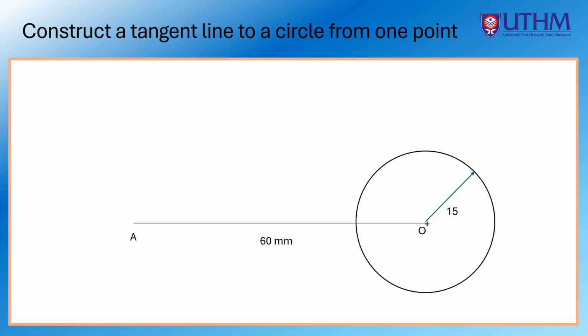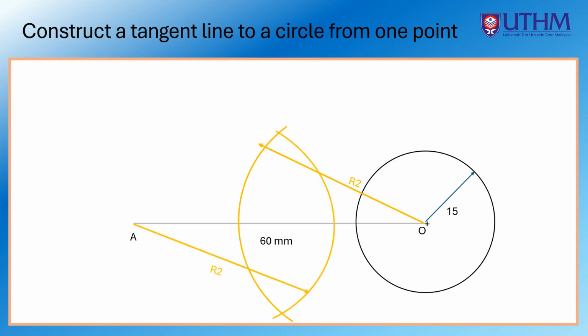Divide this AO line into 2 equal sections using skills that you have learned before. You can use a random radius to create a curve. In this case, it is labeled as R2.